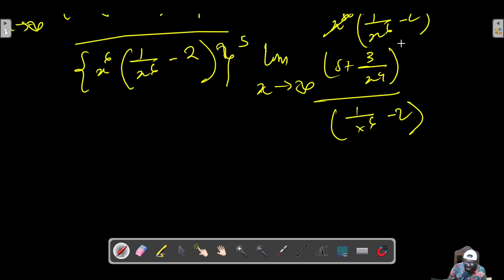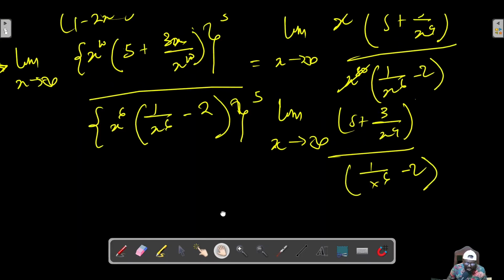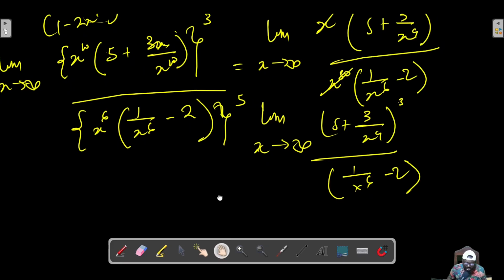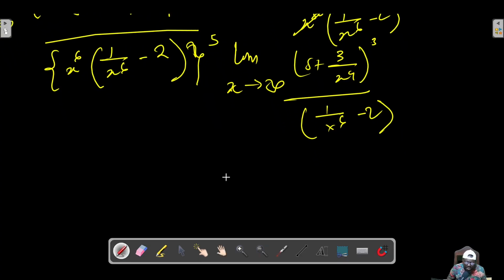As simple as that. The numerator was raised to the power 3, and the denominator was raised to the power 5.